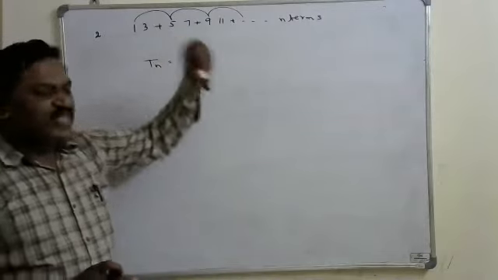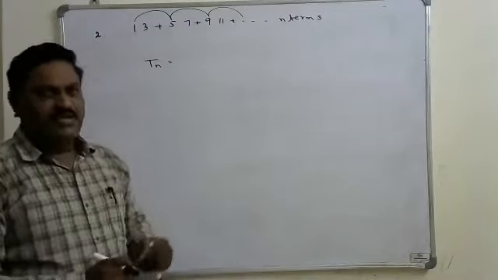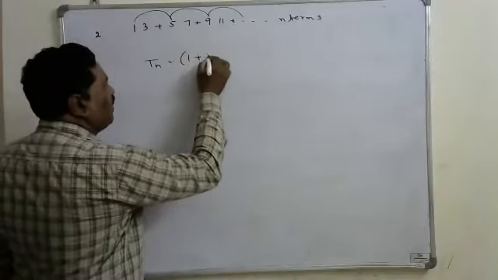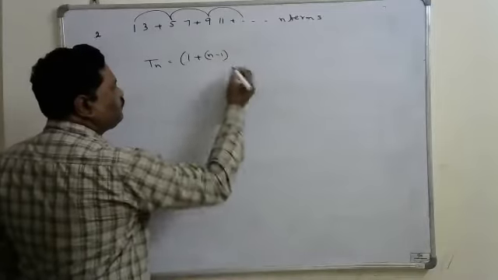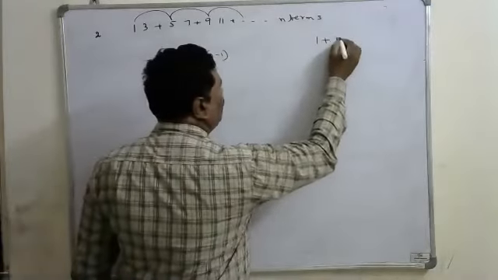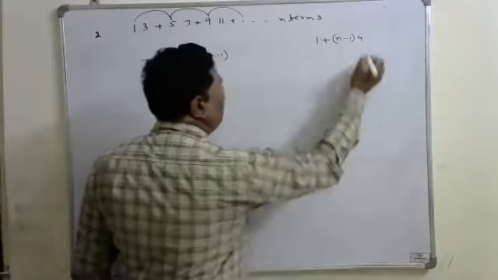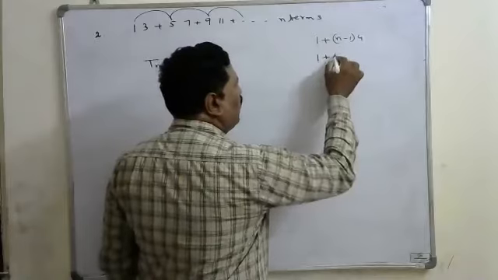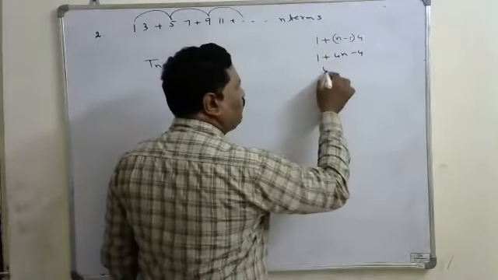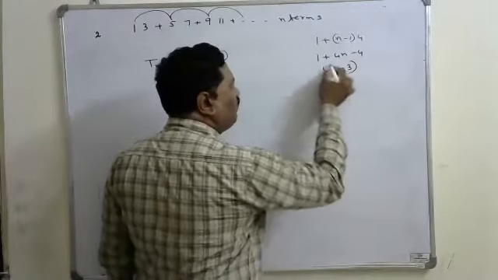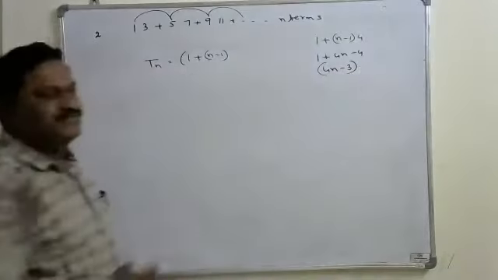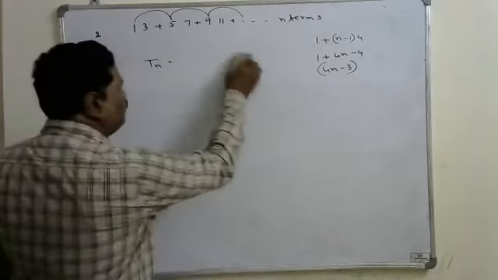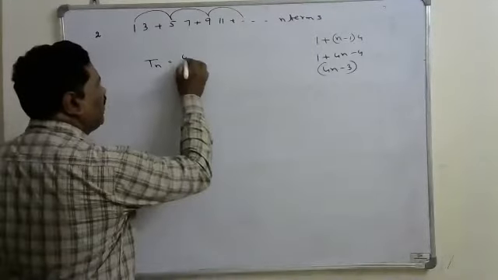So we will write the nth term of the AP for this first term, that is a, which is 1, plus n minus 1 into d, where d is 4. If you multiply this, 1 plus 4n minus 4, that is 4n minus 3. So that will be the nth term for all these first terms. So in the nth term, the first factor will be 4n minus 3.